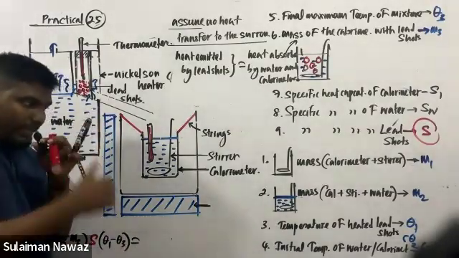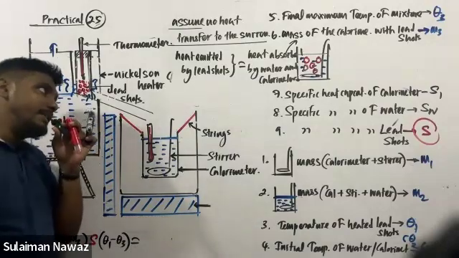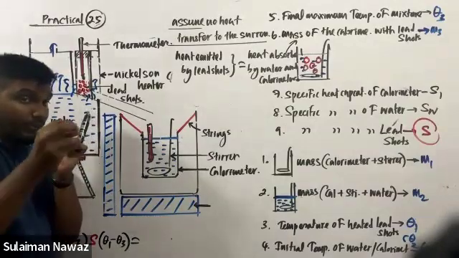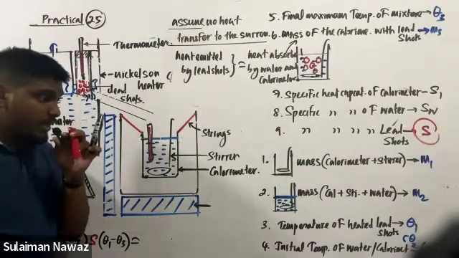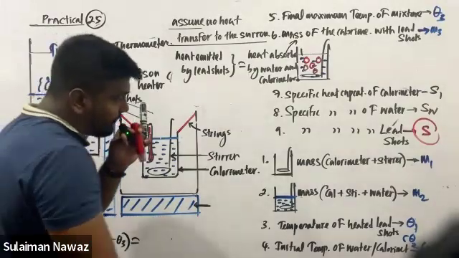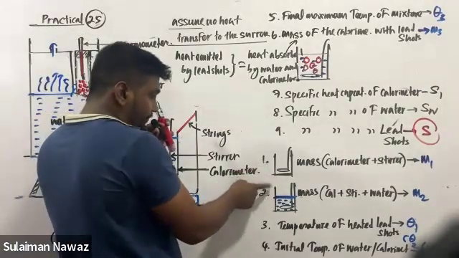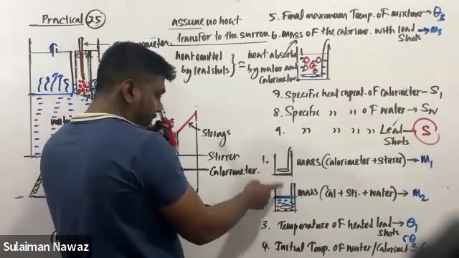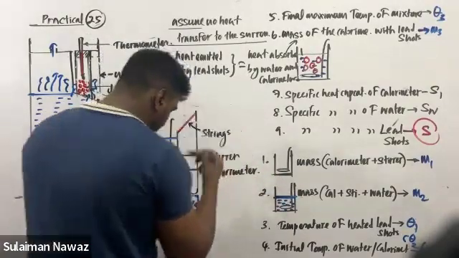So who is going to absorb that heat? That heat is absorbed by the calorimeter and water. First we find the amount of heat absorbed by the water. The mass of the water is M2 minus M1.